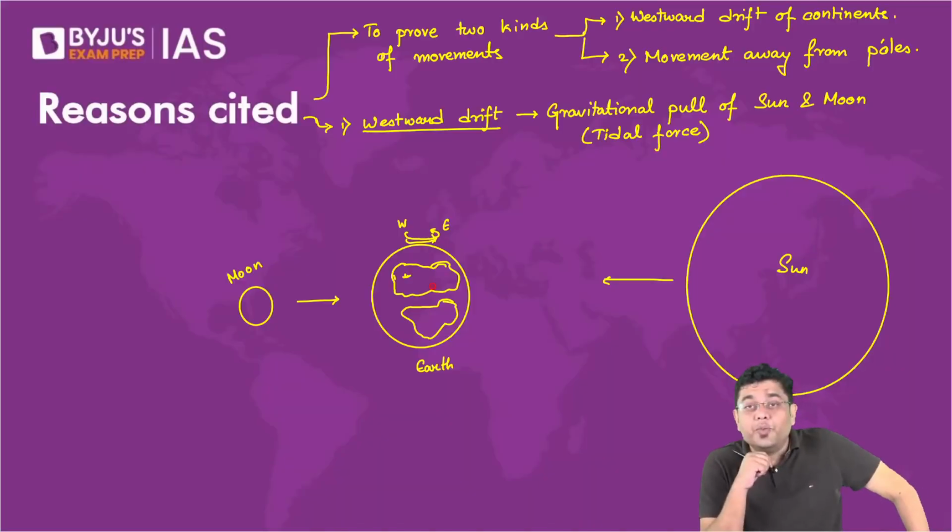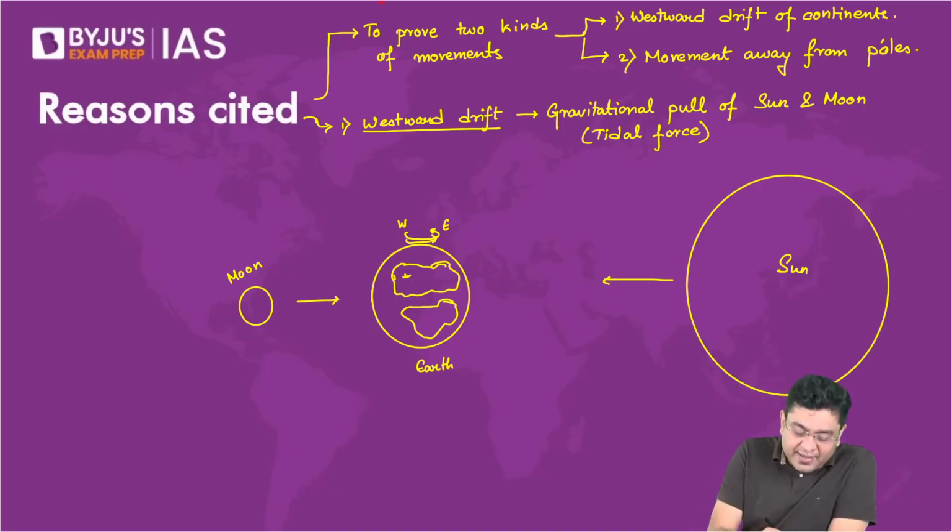Imagine that scenario. If the gravitational pull exerted by the moon is so strong that it would hold the land masses in their own place as the sphere underneath continues to rotate, what would have happened? In that scenario, these lands would crack up. Why?